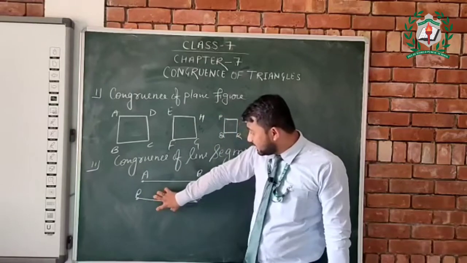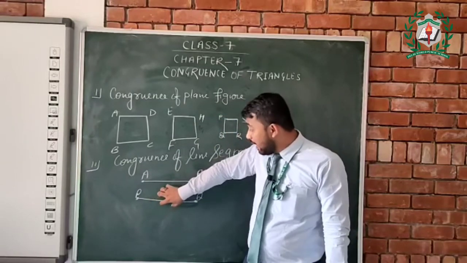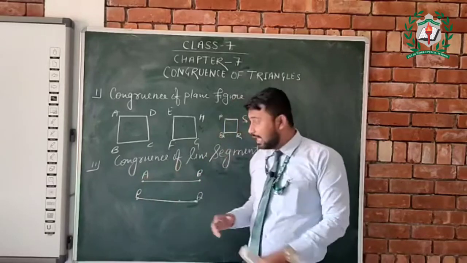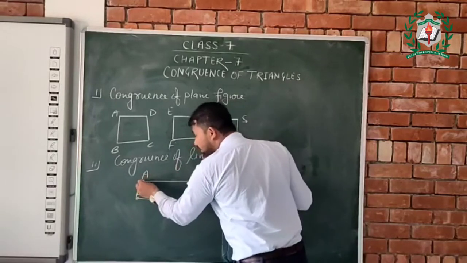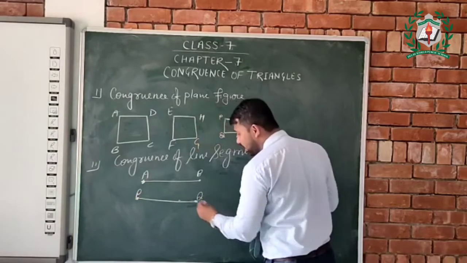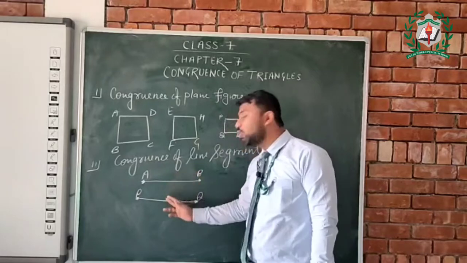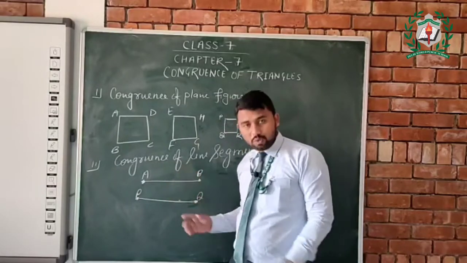Put segment PQ and place it on AB. If A and P are in the same position and Q and B are in the same position, you can say these two line segments are congruent to each other.